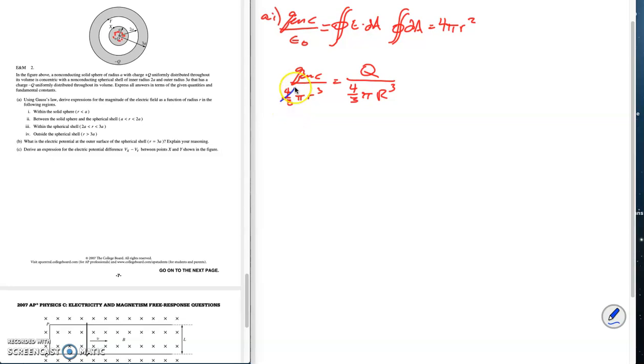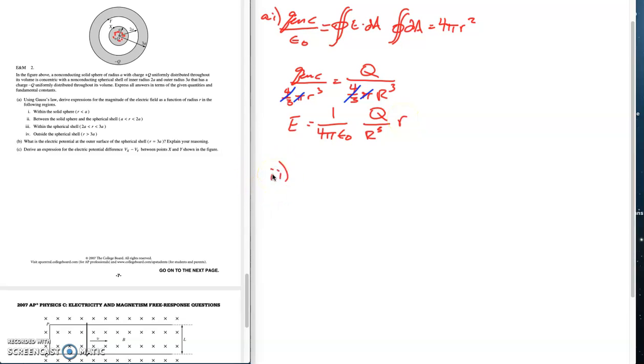Now we can cancel out these constants, and substituting for Q enclosed and for the area and rearranging, we get the electric field to be 1 over 4 pi epsilon naught Q over R cubed, and then this r cubed and that r squared are going to cancel, and we're going to get just plain r.